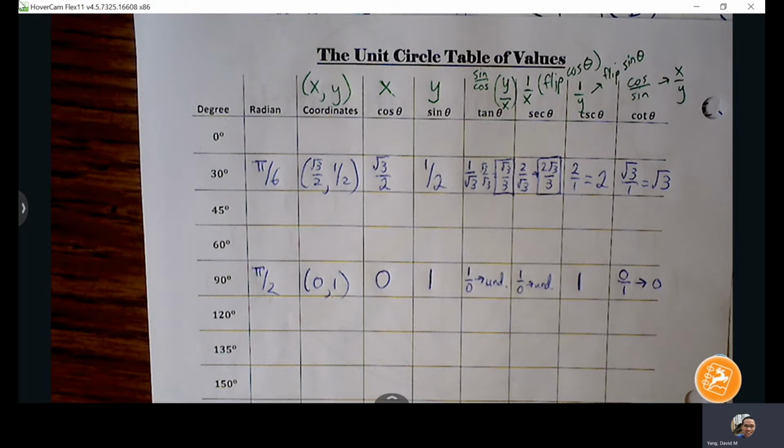So these are the special ones. So we've got the special ones. It's 30, 45, 60 degrees, and the radians are pi over 6, pi over 4, pi over 3, taking the starting value and adding it in both degrees and radians.